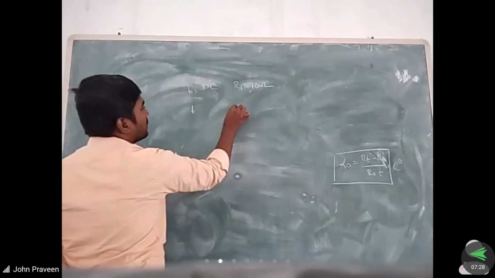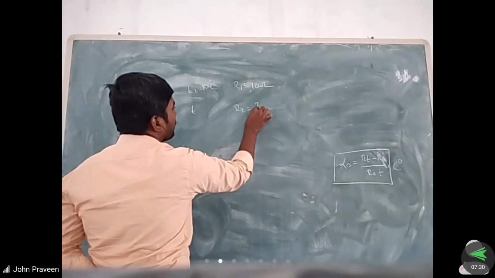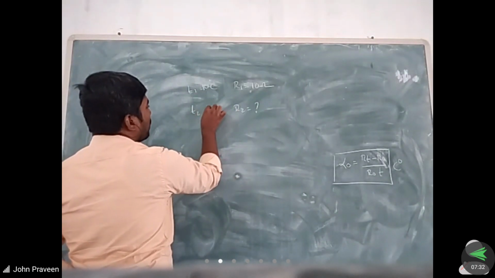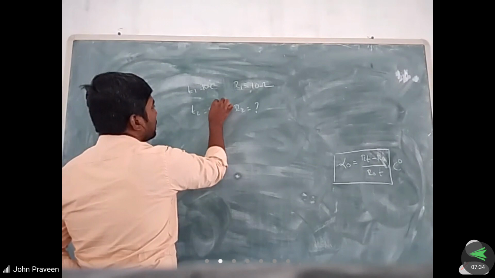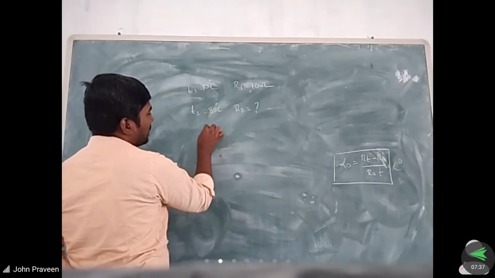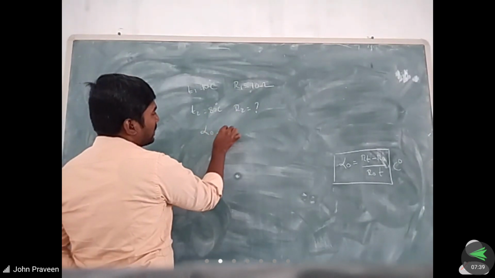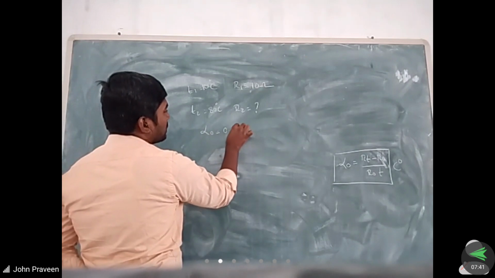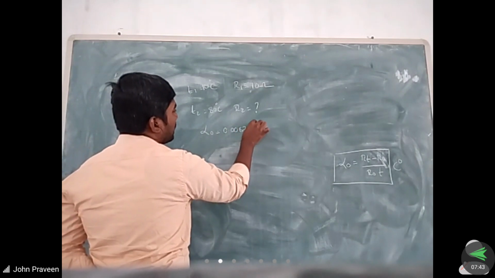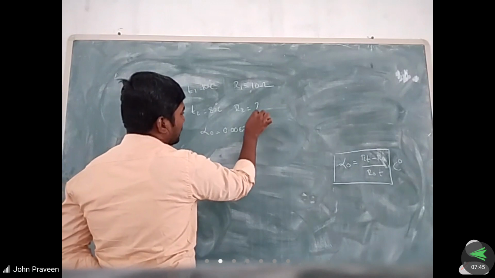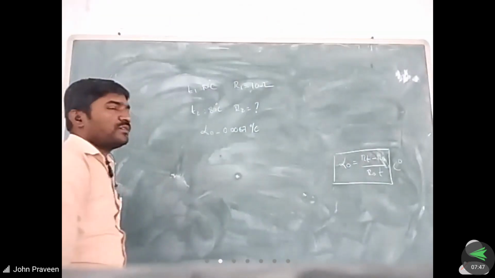Find the resistance value at a temperature of 80 degree centigrade, if the temperature quotient is 0.0087 per degree centigrade. So how can we solve?